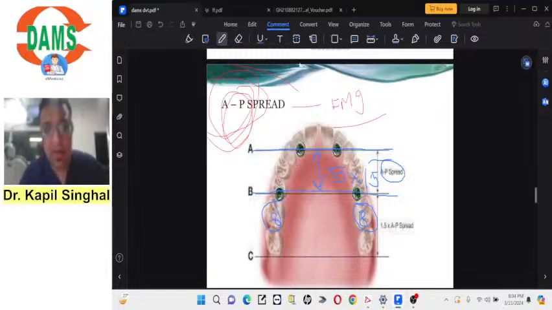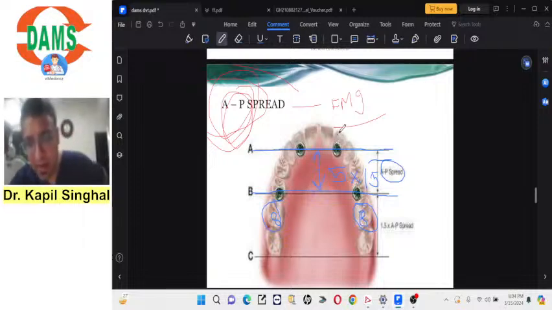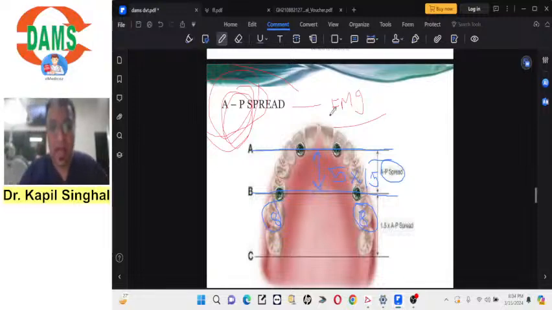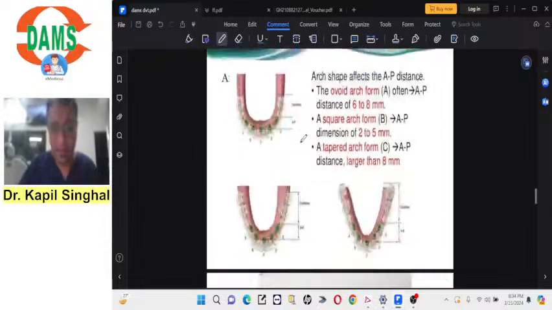What is AP spread, and how much cantilever can be given? तो आपको simple answer करना है 1.5 times of the AP spread. अगर AP spread 8 mm है, तो 8 into 1.5, that is 12 mm on both the sides. So this is AP spread. Is it clear?